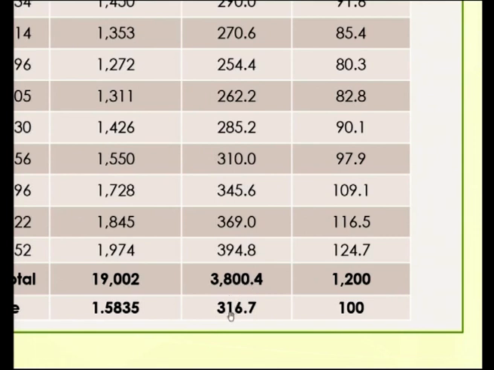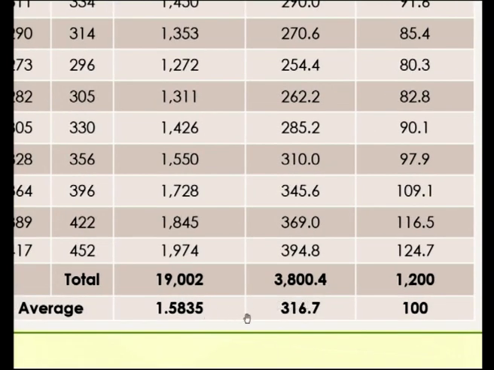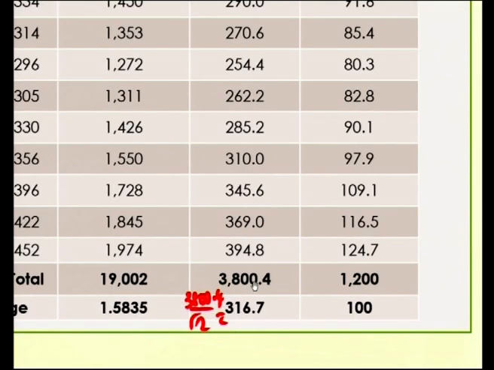So, how will you get this 316.7? Next you have to find the average corresponding to the 5 yearly averages. This 316.7 is obtained by dividing 3800.4 by 12, which is equal to 316.7.